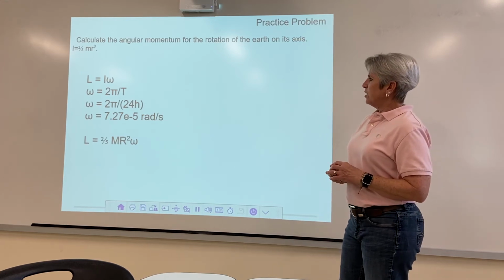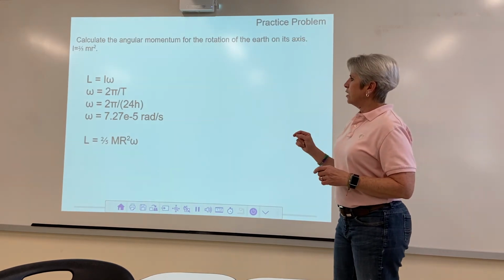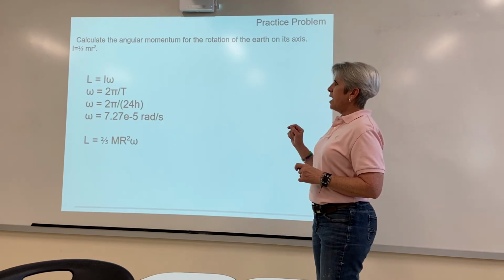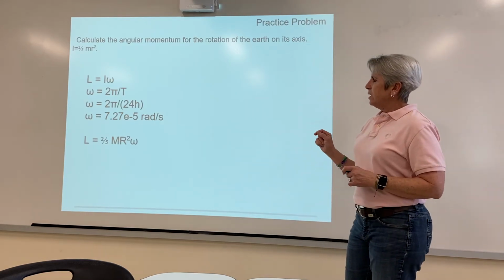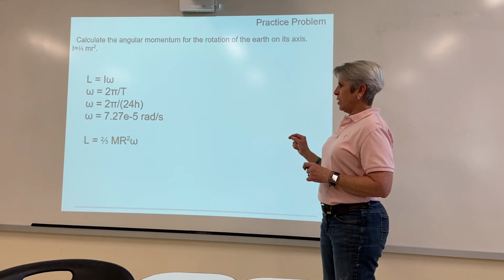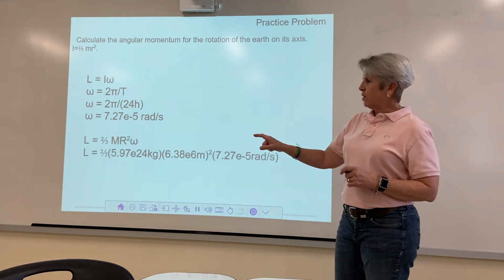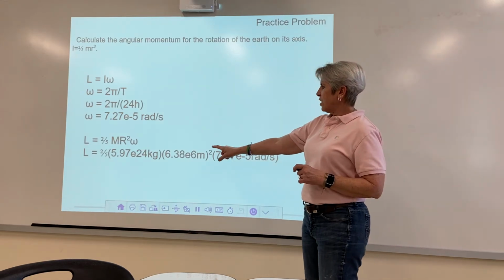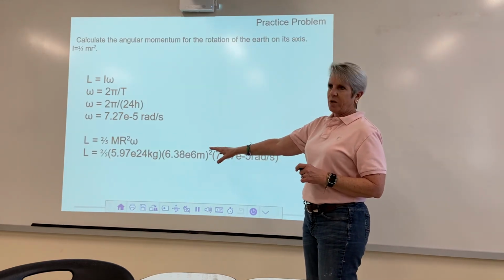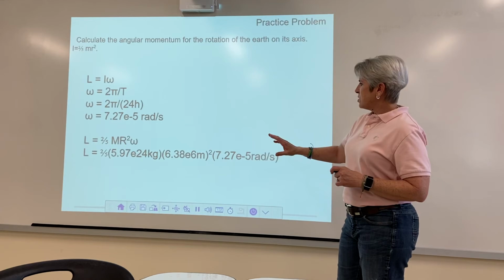So if we're trying to say angular momentum L is I times omega, then that would be 2/5 m r squared times omega. So it'd be 2/5 times the mass of the Earth times the radius of the Earth squared. This is the average radius of the Earth squared times omega.